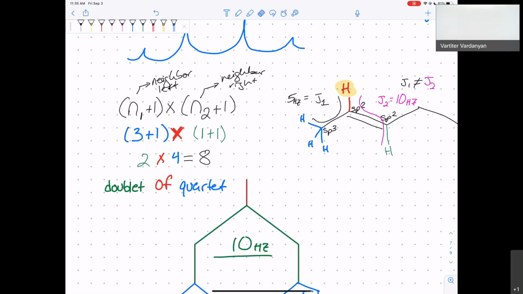That's a great question, and I actually had set it up like that, and I just turned it at the last second. You want the smaller number first, but for the purposes of this class, as long as you get those 2 pieces, you're fine. Because he's not going to ask you like A is doublet of quartets and B is quartet of doublets. As long as you know quartet and doublet exist, and it's together, you're going to get the right answer.